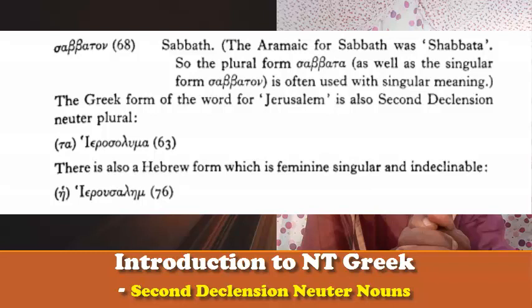Jerusalem is from the Hebrew, and it is considered feminine. We only try to note this so that you know that when you have the feminine form, it will go with the feminine definite article, while the other form will go with the neuter nouns' definite article.